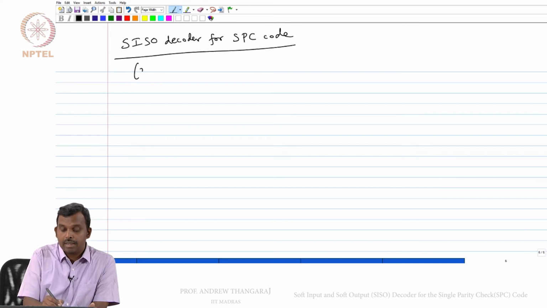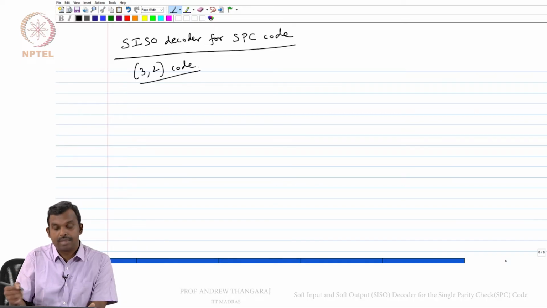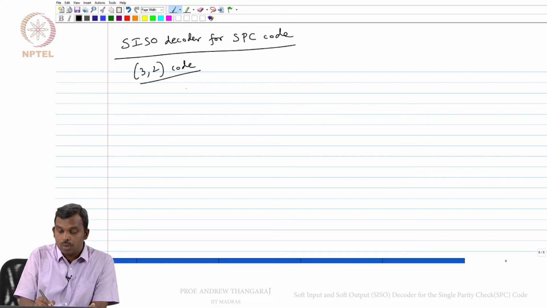Okay, so I'll take the (3,2) code as an example and show it, and then we will generalize later on. So how is the (3,2) code working? You have the message vector being M1, M2.